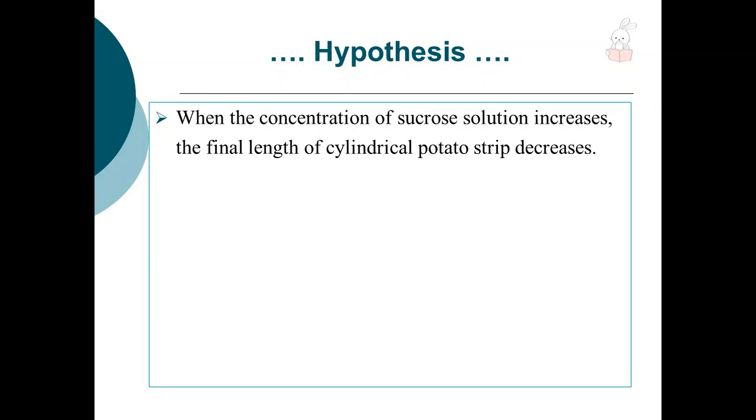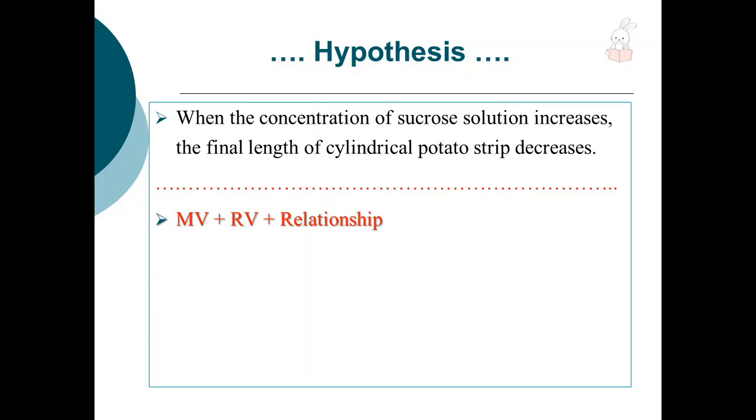So the first part is about the MV, and the second part is about the RV. And the relationship is increases, decreases. So the formula to write hypothesis correctly is MV plus RV plus the relationship.